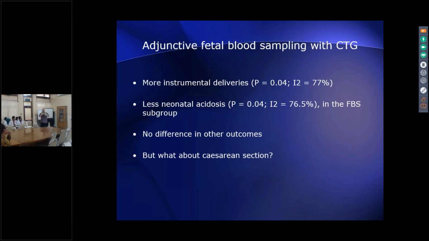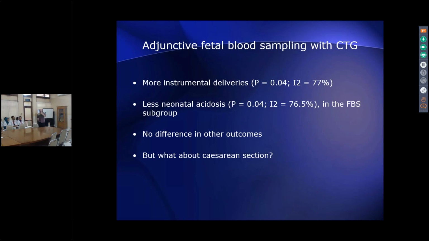But one of the major reasons for doing fetal blood sampling on a suspicious fetal heart rate pattern is to allow more time to have a spontaneous vaginal or an instrumental vaginal birth, i.e., it's being advocated to reduce the likelihood of a need for a cesarean section.